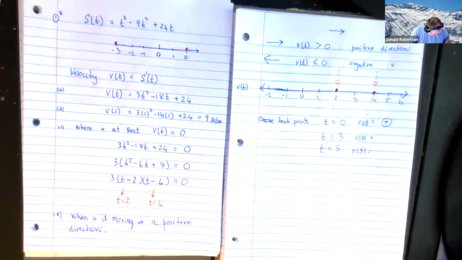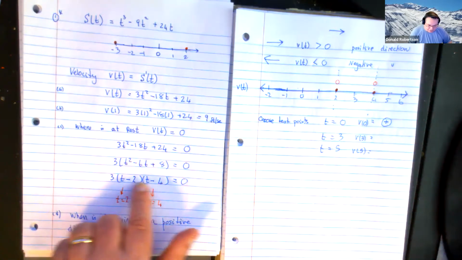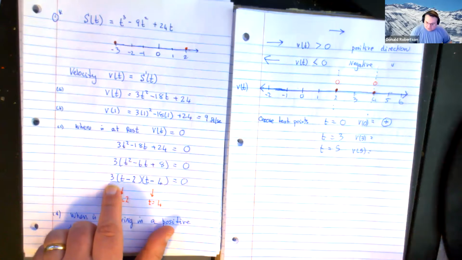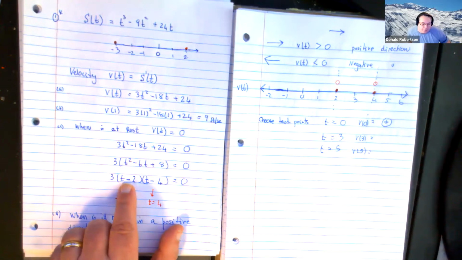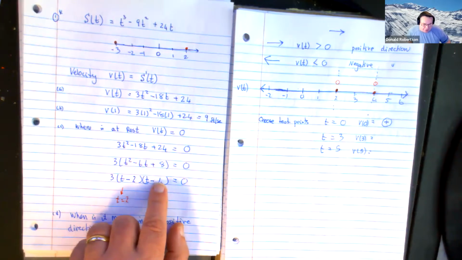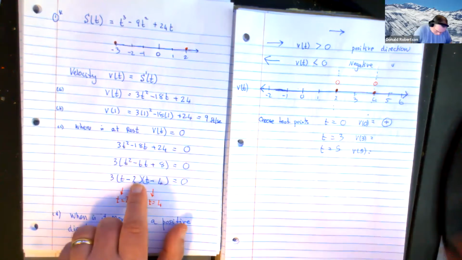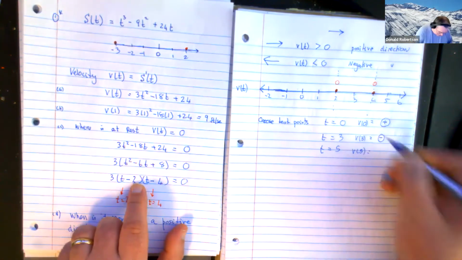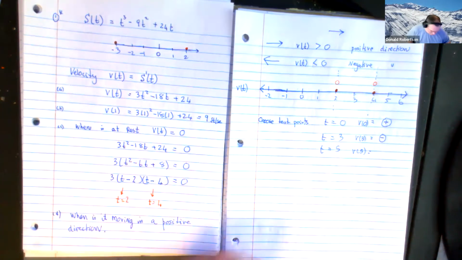There is another way, as I said. You can use this function here, the factored version of it. For instance, when t equals 3, won't 3 take away 2 be 1? And won't 3 take away 4 be negative 1? So won't that be positive, negative, positive? The whole thing is negative. When t is 5, that's positive, 5 take away 2 is positive, 5 take away 4 is positive.